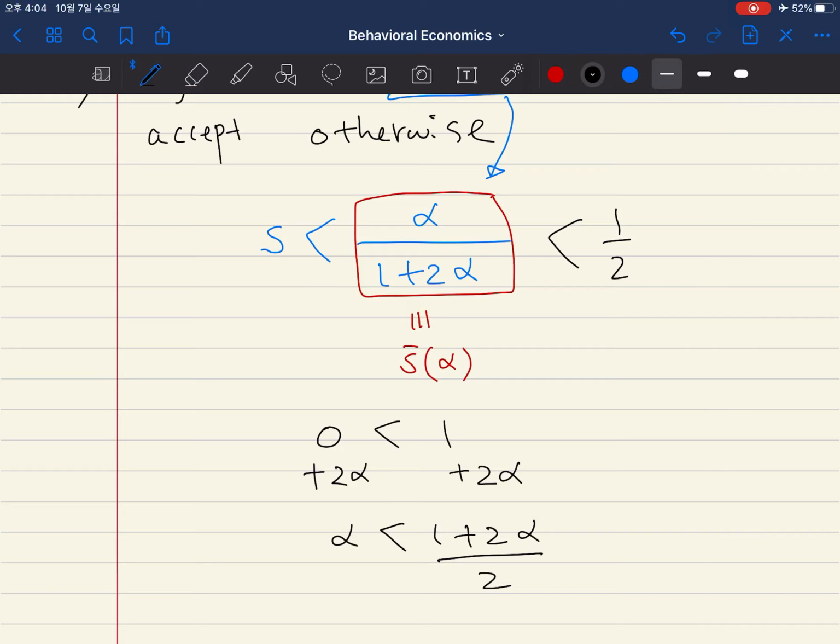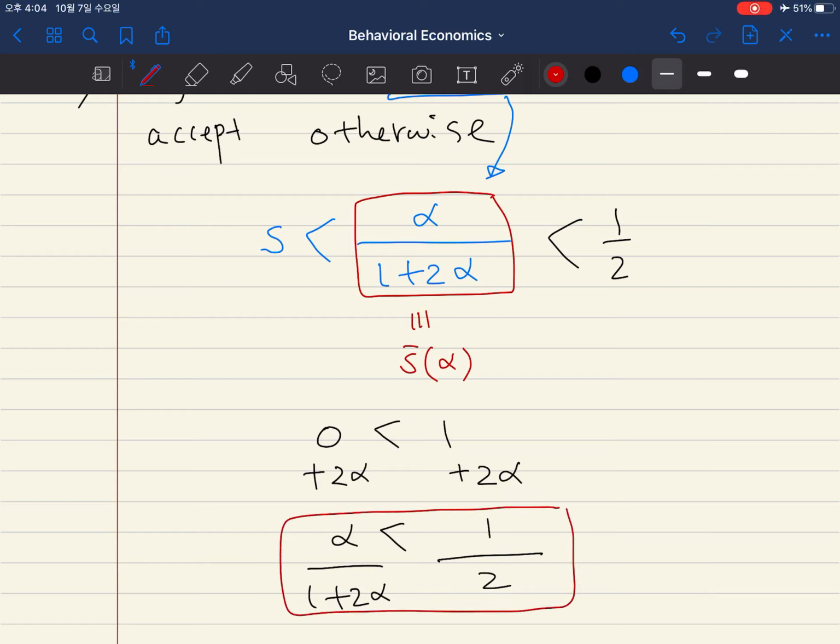And divide both sides by 1 plus 2 alpha, so 1 plus 2 alpha disappears here. So we can see that this inequality is true: alpha over 1 plus 2 alpha is less than half.